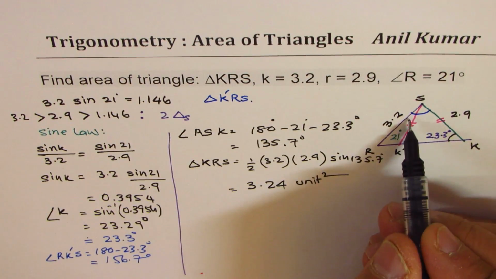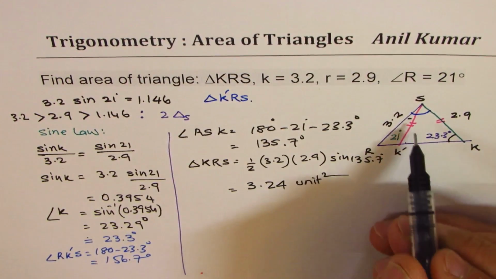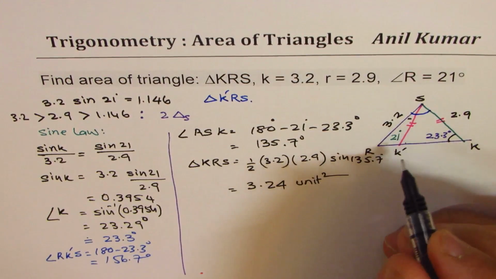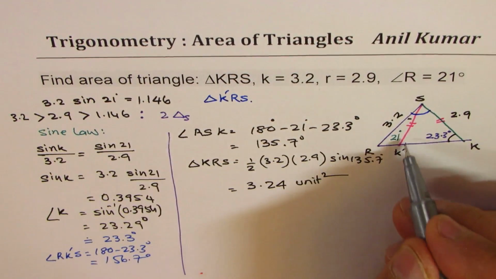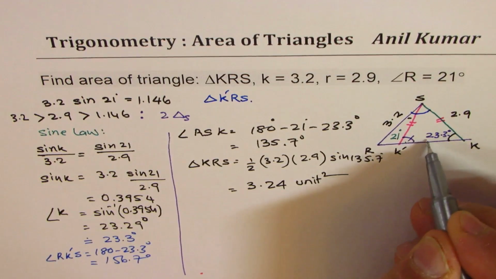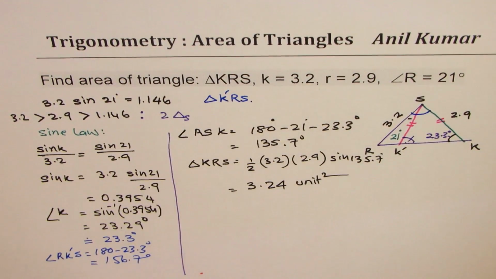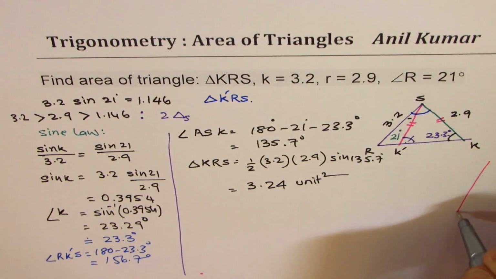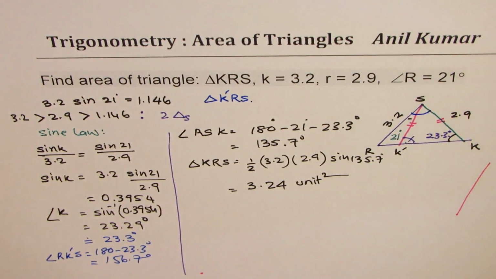Do you see that? Now we have to find the area of the smaller triangle. Now what is that angle? So clearly you could also do it like this. These two angles are 23.3. So the smaller angle is how much? Let me redraw this triangle here.